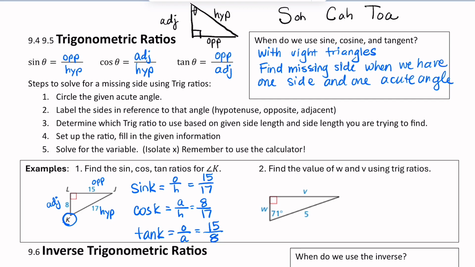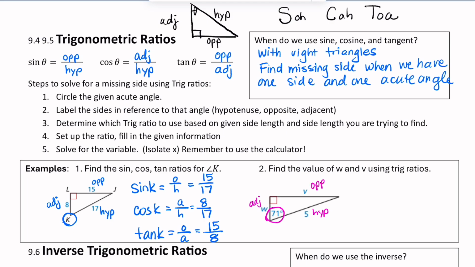In number 2, we are going to use these 5 steps to help us solve for W and for V. Let's start by circling our angle. Okay, and then we're going to label the sides in reference to that angle. So this is the hypotenuse, W is the side adjacent, and V is the side opposite.